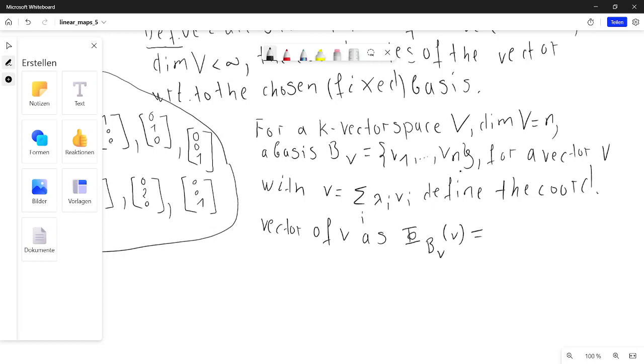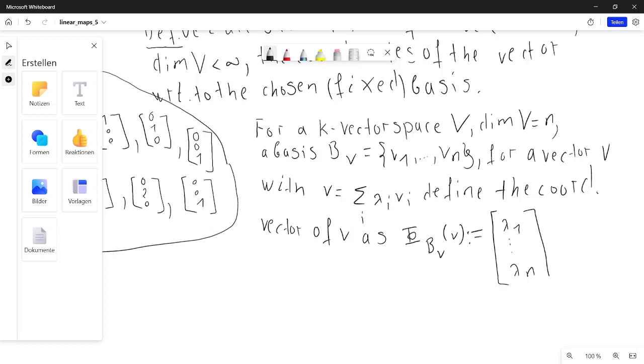It's just a notation to denote coordinates, but it has something to do with some map structure, as you can probably figure out from this notation, which we'll see in a minute.